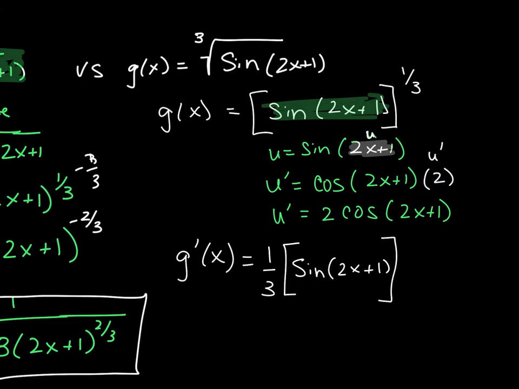The 1/3 minus 1 takes the form of minus 3/3, which makes that to the negative 2/3. But then, again, I multiply times the derivative of the inside. What is the derivative of all of this? Well, the derivative of all of that is my 2 cosine of 2x plus 1.